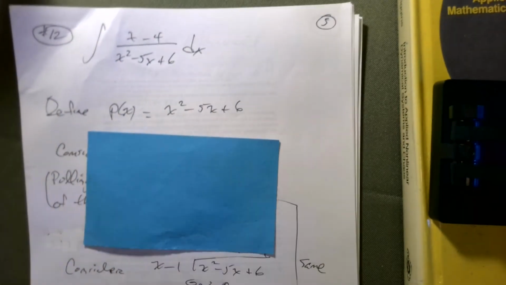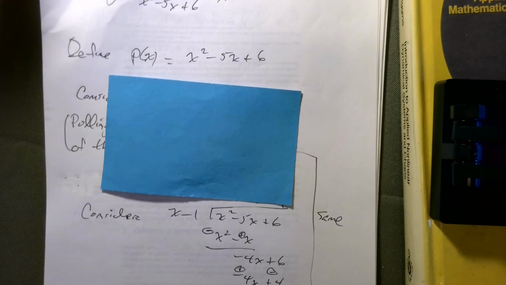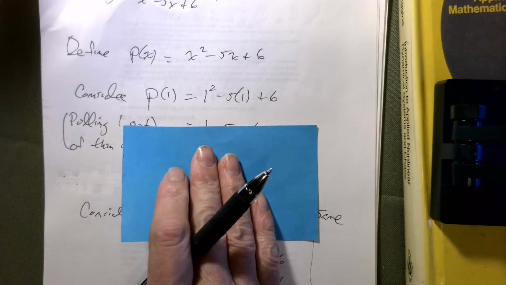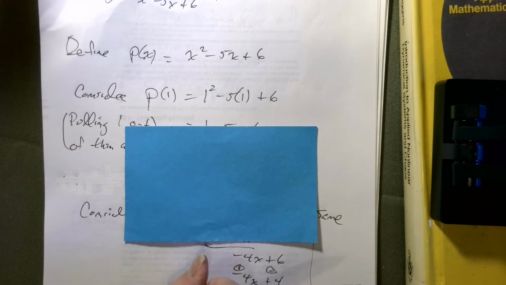But let's pretend we don't know that. So I take my x squared minus 5x plus 6, and I want to remind you about long division. I'm going to pull out of thin air the number 1. There is no rhyme or reason.